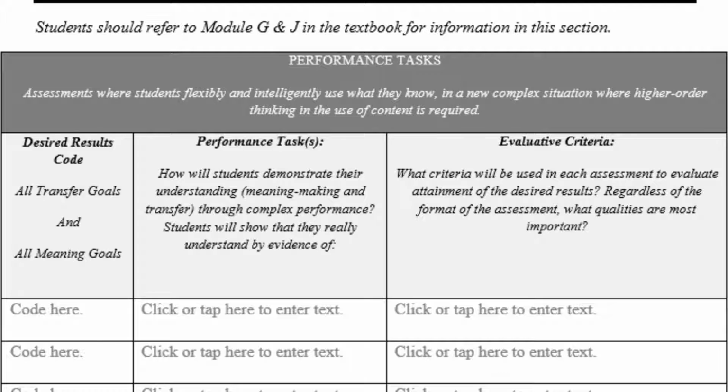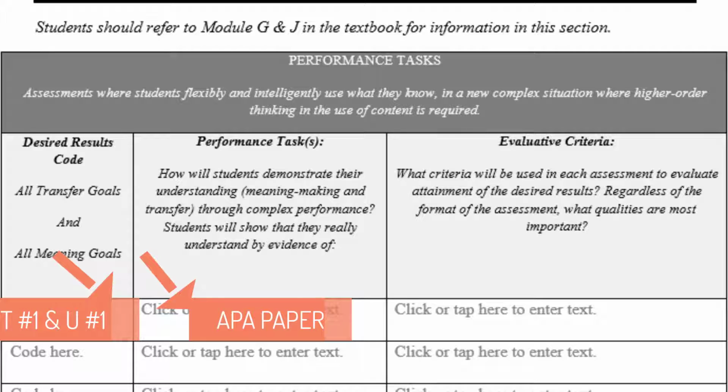So as an example, let's say that we are using a paper for our project. For our performance task, we would want to specify what they're going to do in this paper, how those things meet up with our desired results in the form of those transfer goals and meaning goals, and again, the general criteria by which we would grade that paper.